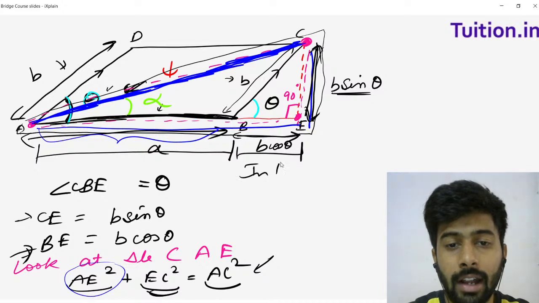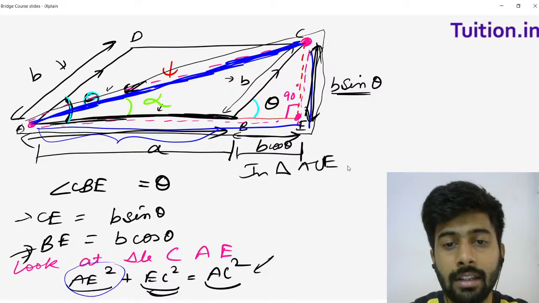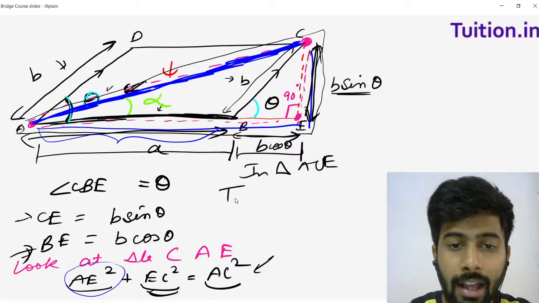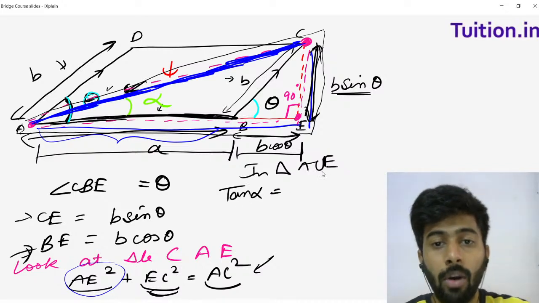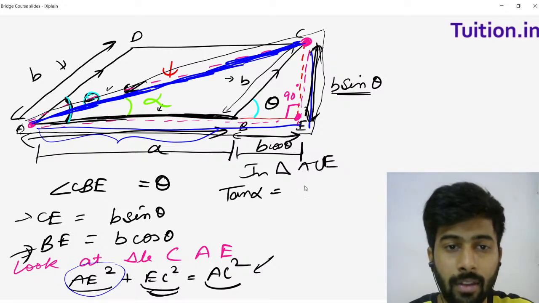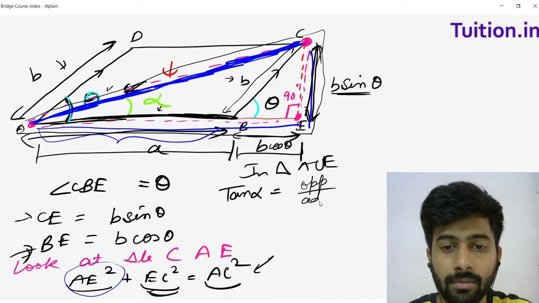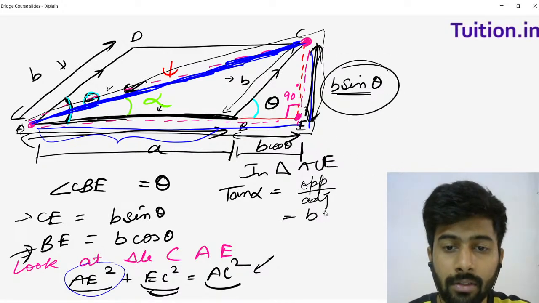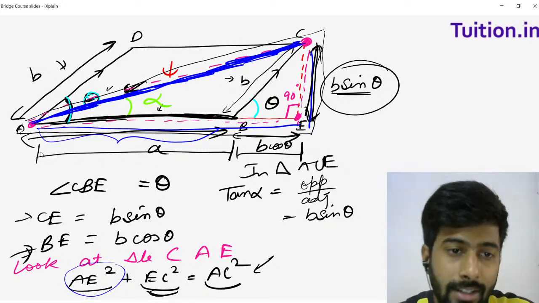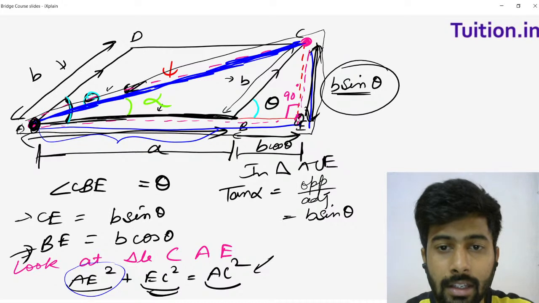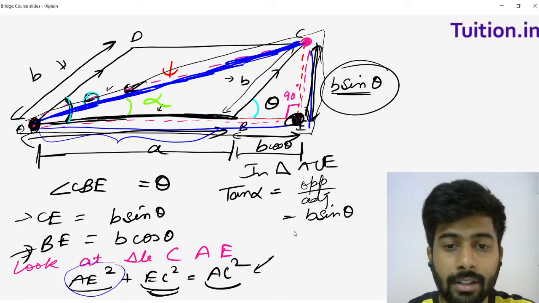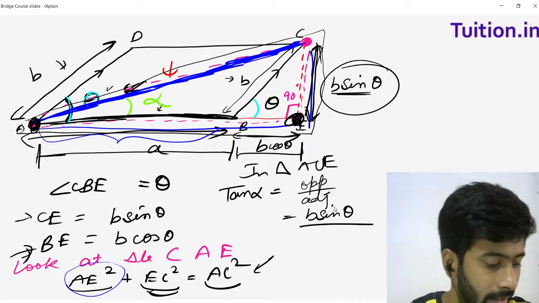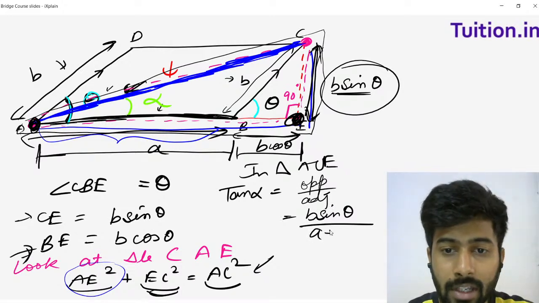So in triangle ACE, tan alpha is going to be opposite by adjacent. Opposite is B sine theta. Adjacent is this thing. AE is adjacent. So AE is nothing but A plus B cos theta.